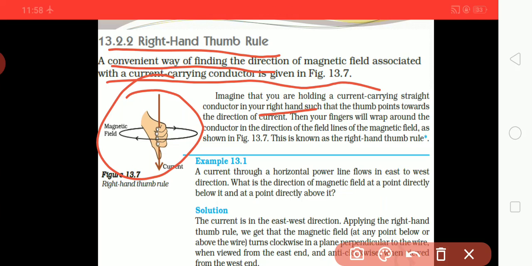This is known as the right hand thumb rule. Once again I am repeating, what is the right hand thumb rule?